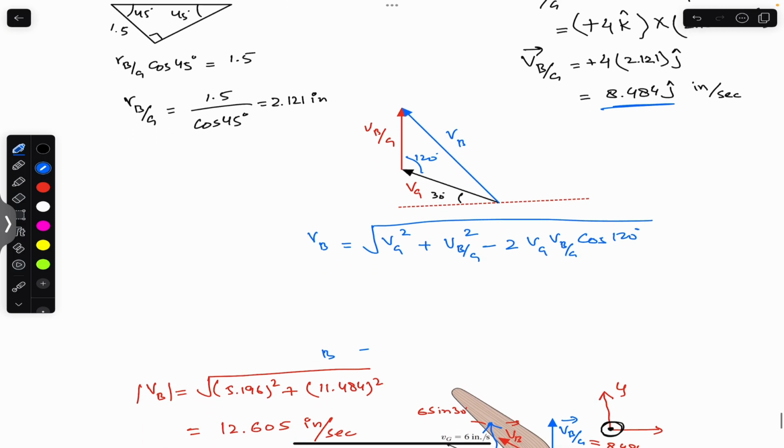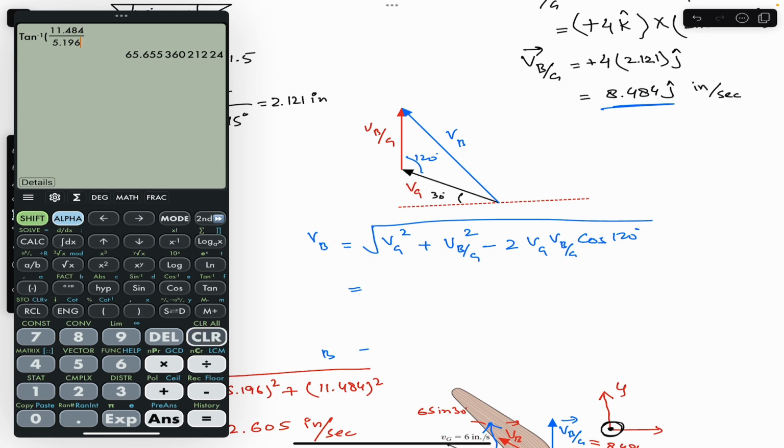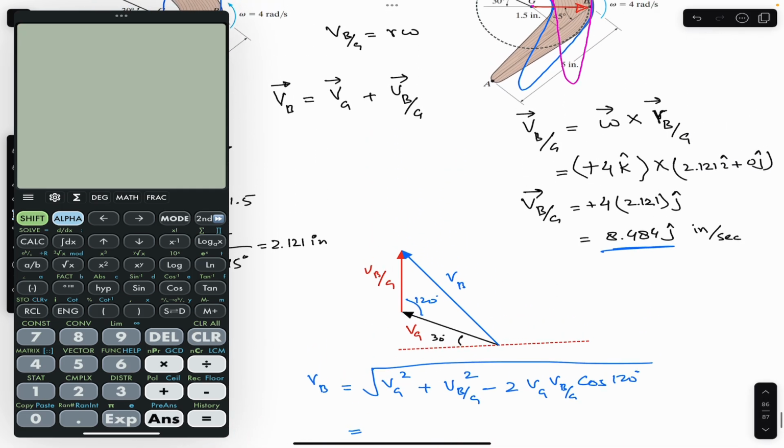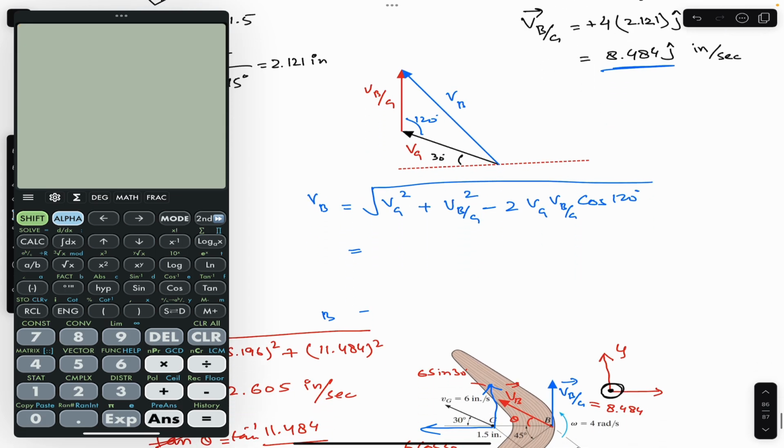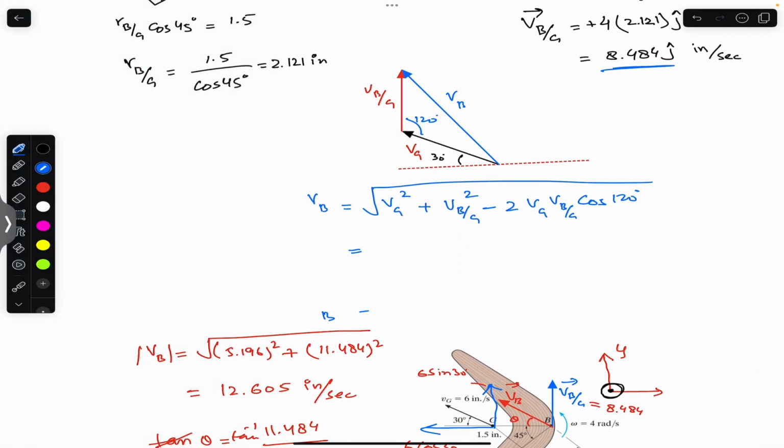Now I will do it directly in the calculator. VG magnitude is 6 inches per second, which is given.